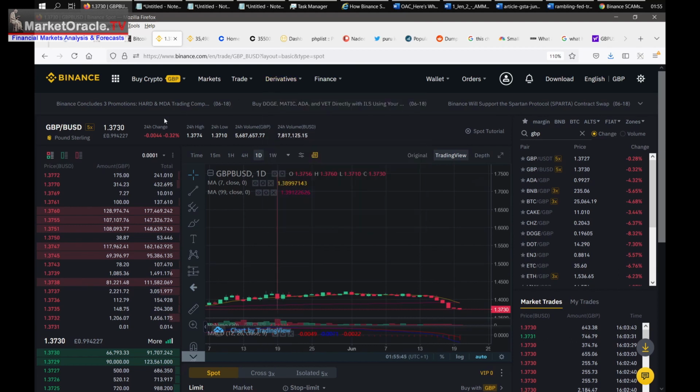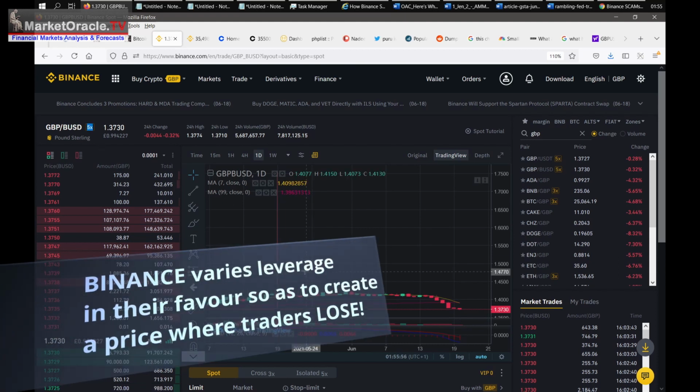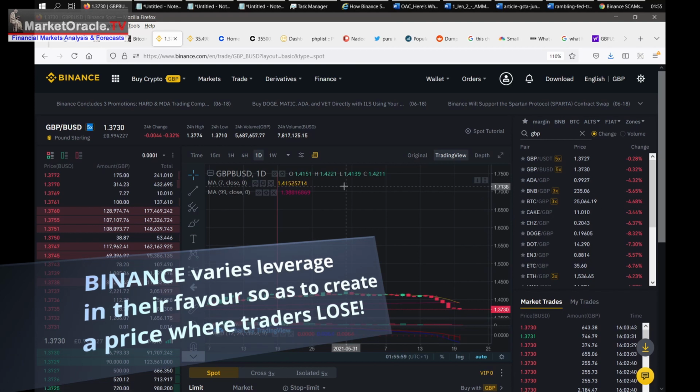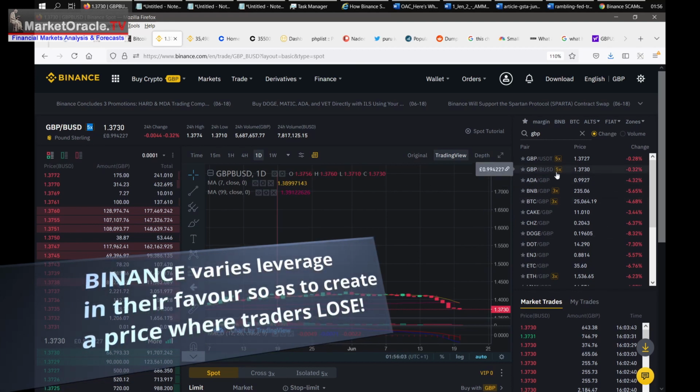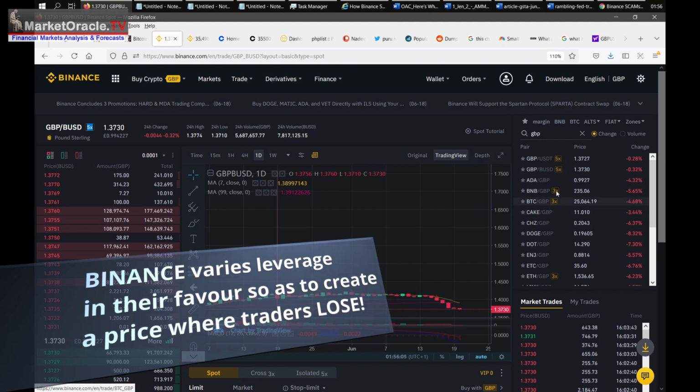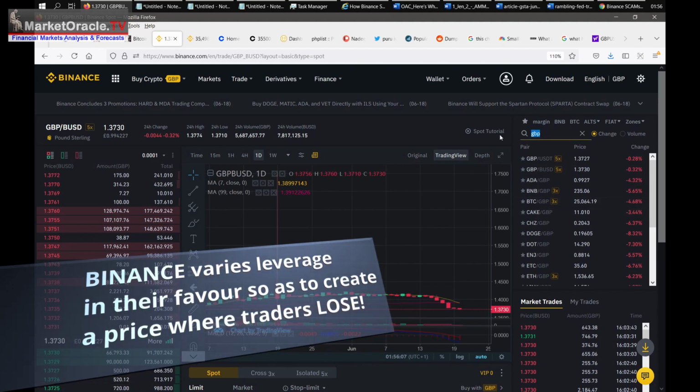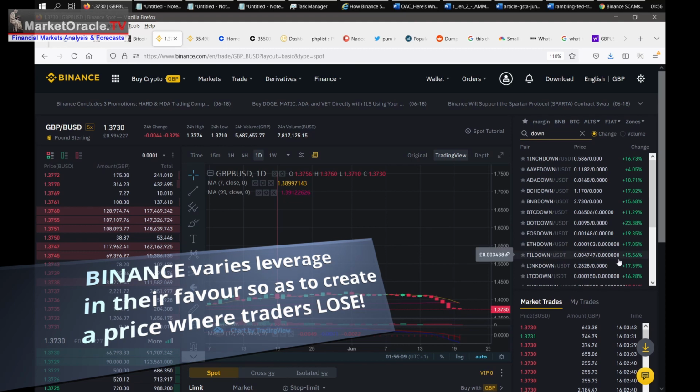That's the effect of this number, leverage, that allows them to change the leverage. It's not fixed, it varies. It's supposed to be fixed, but it's not. If I can go on other markets, I can show you how the leverage is not 2 times or 3 times. Let's see the down ones. You have to be careful with Binance.